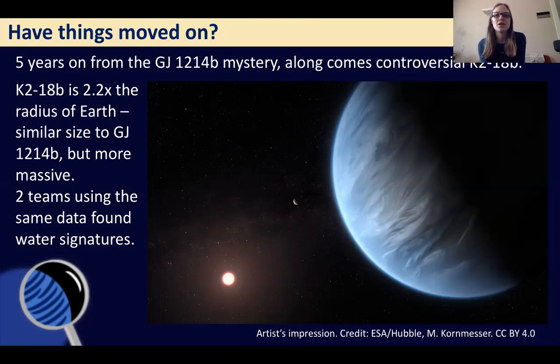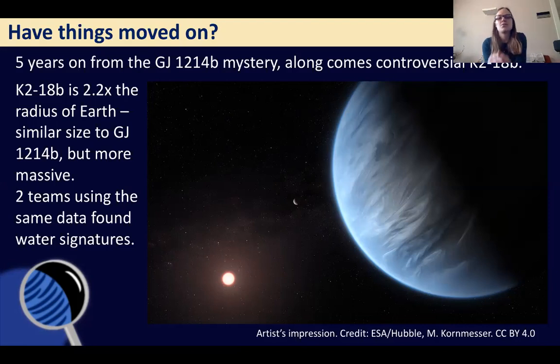K218b was observed during the second phase of Kepler's mission. So it's got fairly similar vital statistics to GJ1214b in that it's about two and a bit times the radius of the Earth. It is slightly more massive, but still probably too low density to be just a lump of rock.